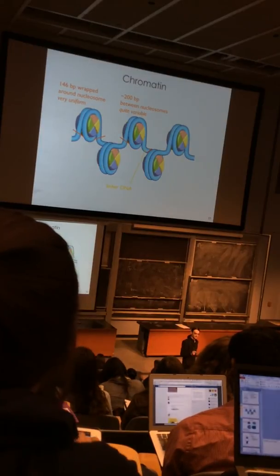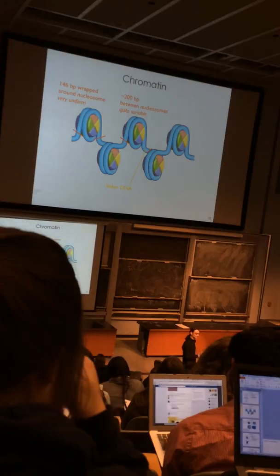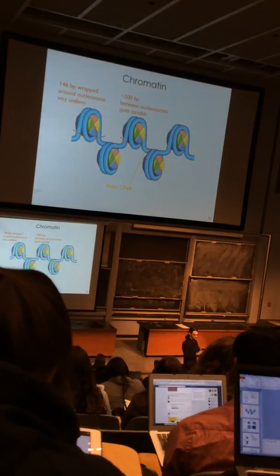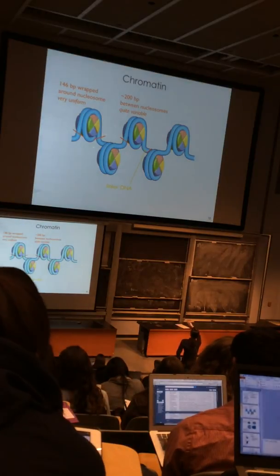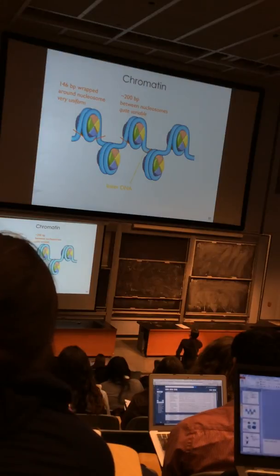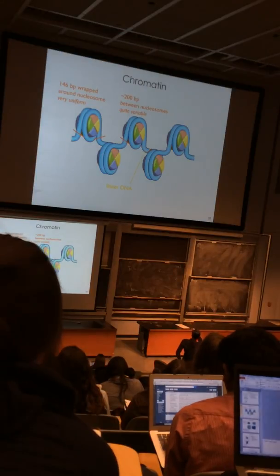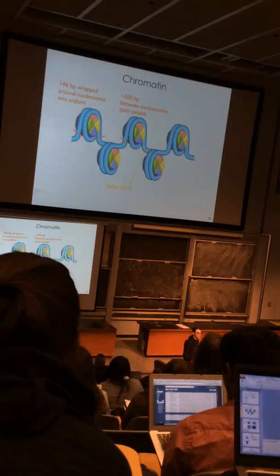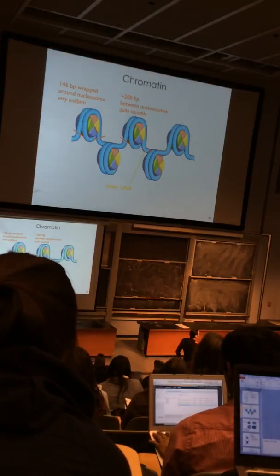It's a very uniform distance, the amount of DNA that's really tightly bound to the histone itself. There's also a much more variable bit of linker DNA between those, and so the distance between nucleosomes is typically a total of about 200 base pairs. You have about 50 base pairs of linker DNA between each of these individual histones.